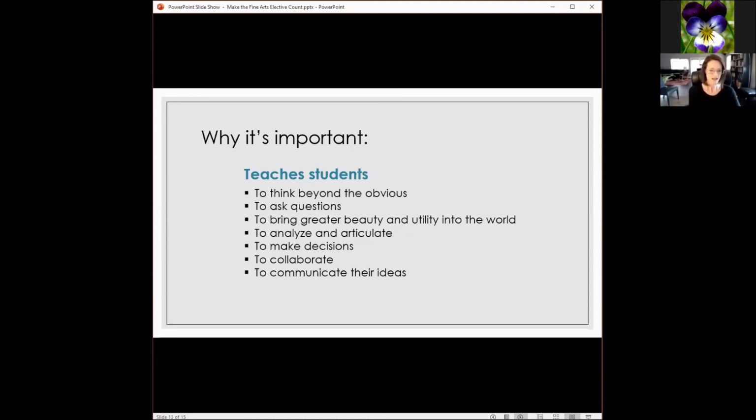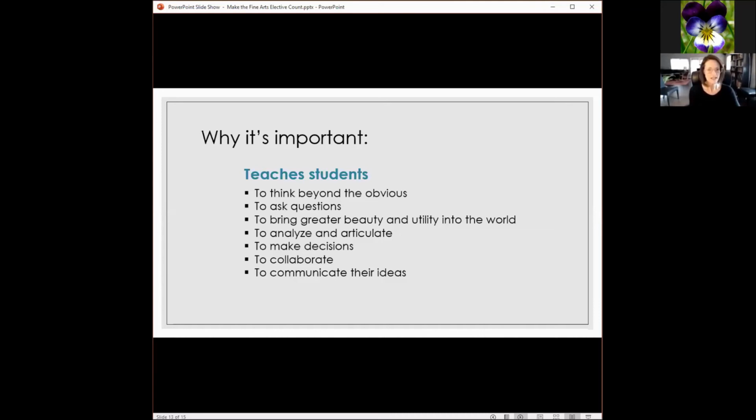So we are super excited about the crossover that that is going to provide, and the opportunities that are there for your student to experience all of those.